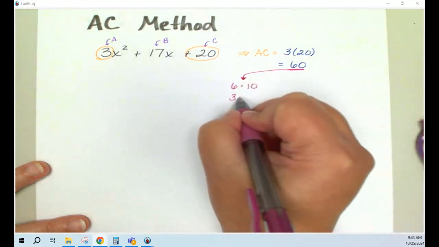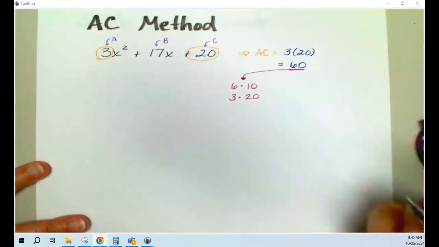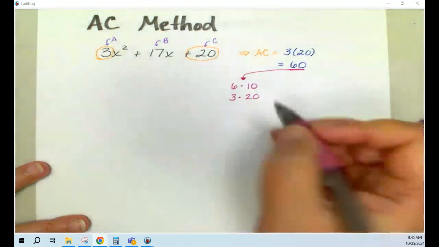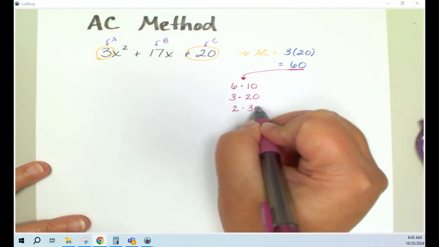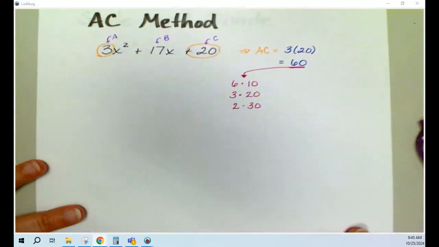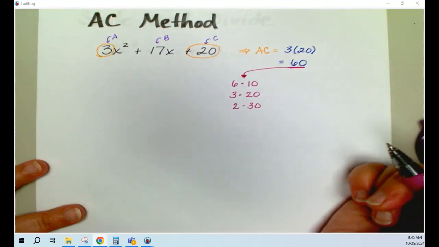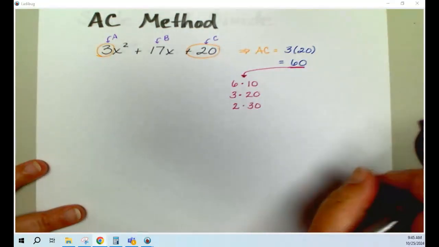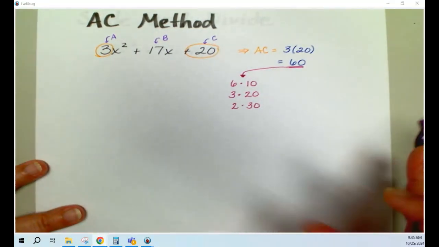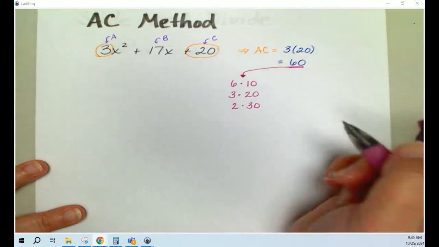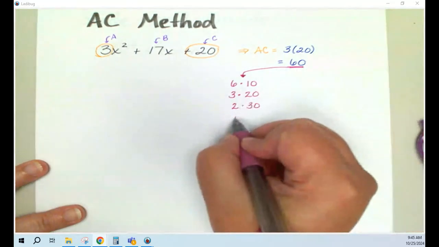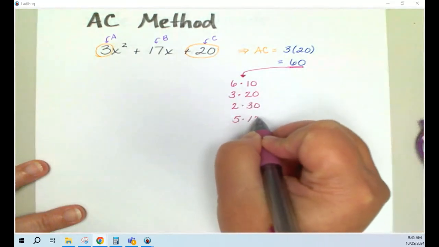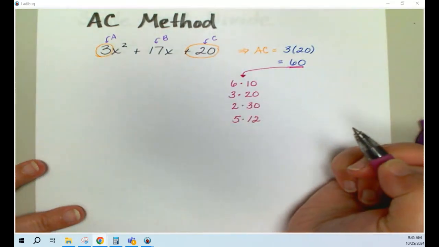We could consider 3 times 20. We could also consider something like 2 times 30. I'm probably not going to go for 1 and 60, but that's always a possibility that you could consider. And let's see here, 60, that's what, like 5 times 12?